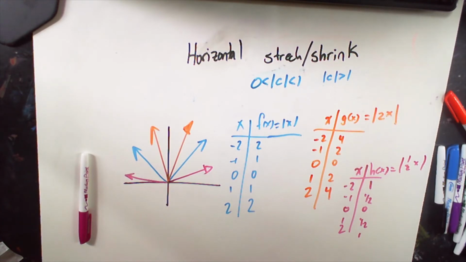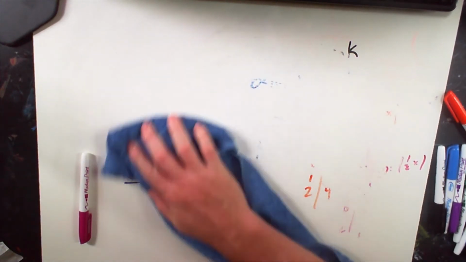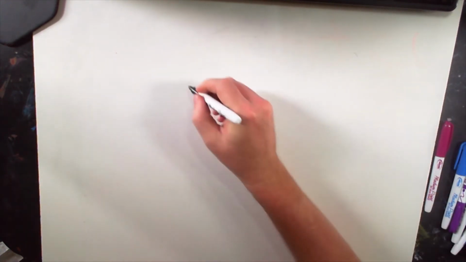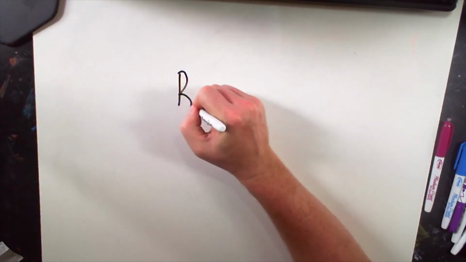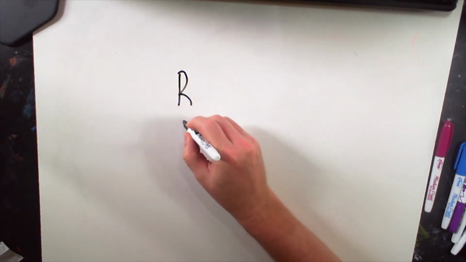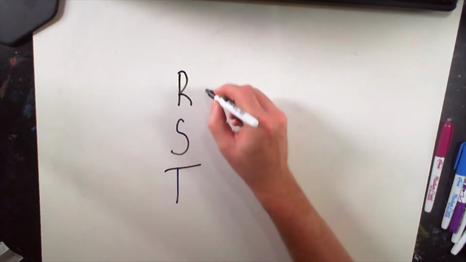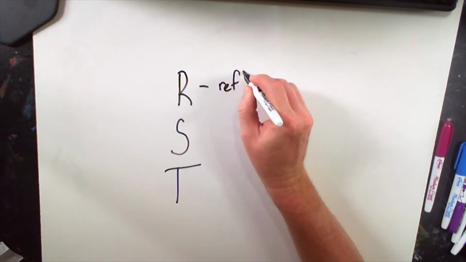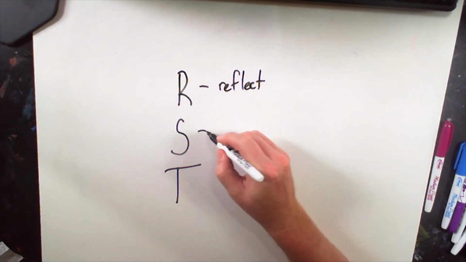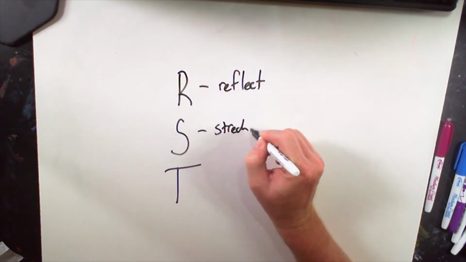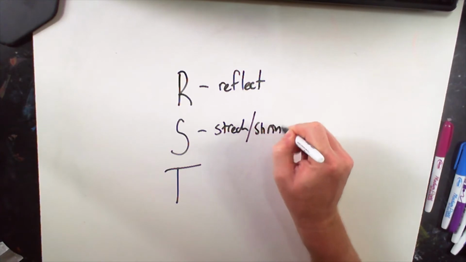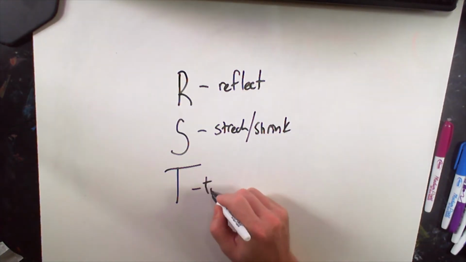So we're going to talk about the order that you do these transformations. And we're going to use RST. We're going to reflect, we're going to stretch and shrink, and we're going to translate.